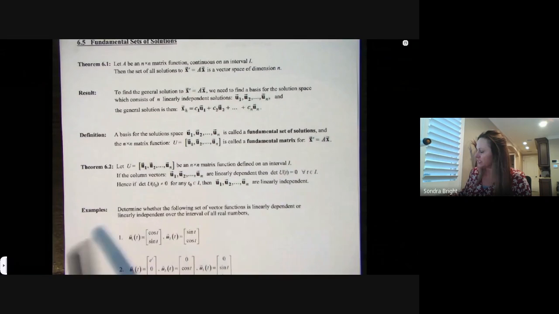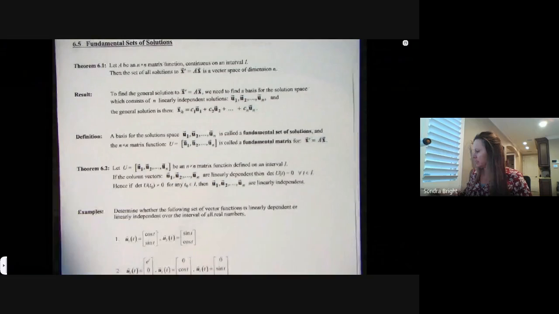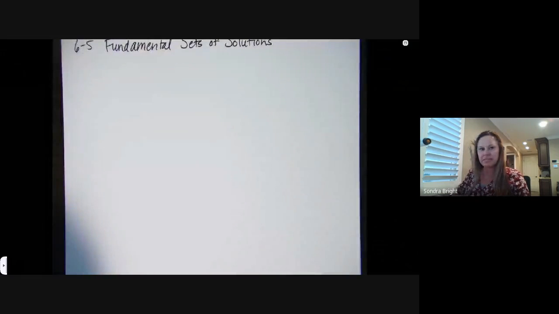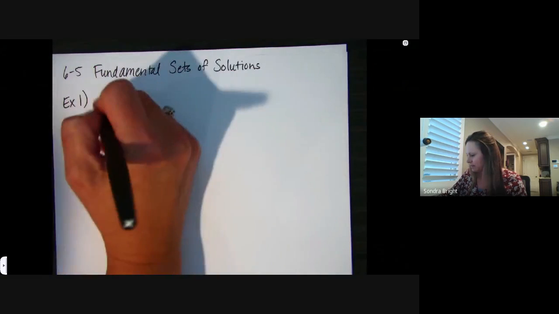All right, so let's do some examples. We're going to determine whether the following set of vector functions is linearly dependent or independent over the interval of all real numbers. Let's do the first example. Are they independent or dependent?